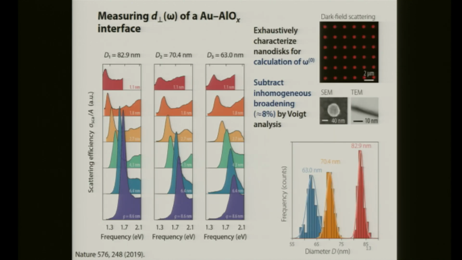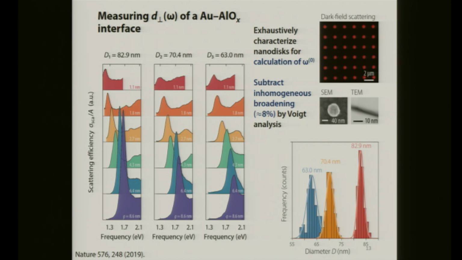So experimentally, what we do is measure the D parameter of a given interface, gold and aluminum oxide. Specifically, we sweep the diameter of the nanostructure across three values, and we sweep the gap size from 1 to 10 nanometers in our structure.